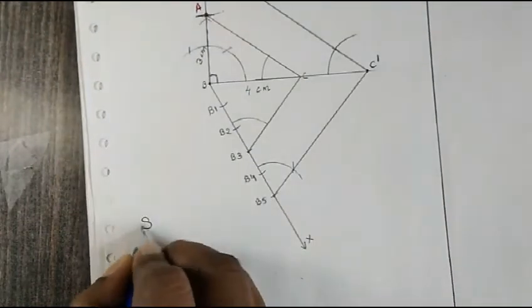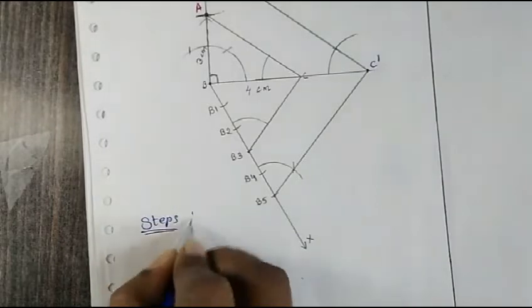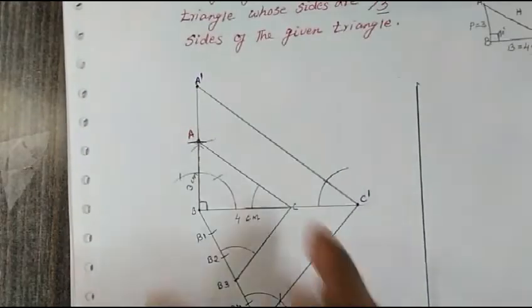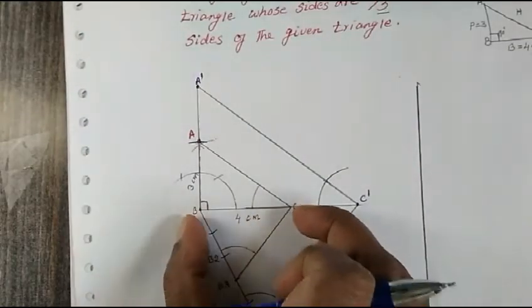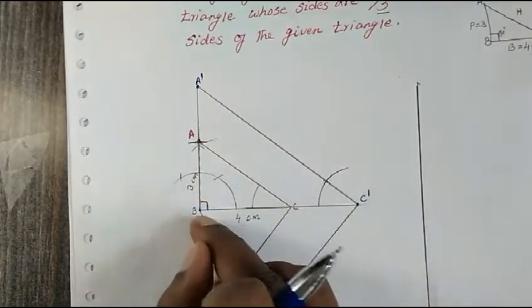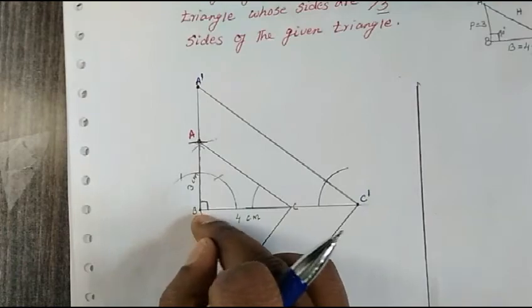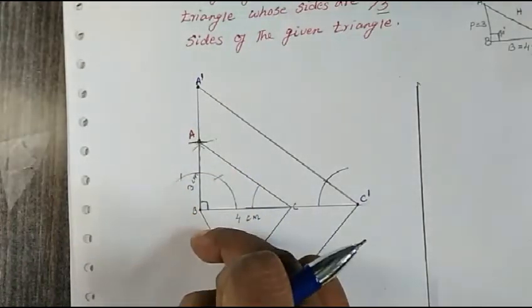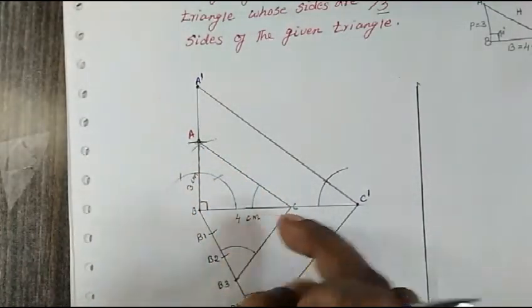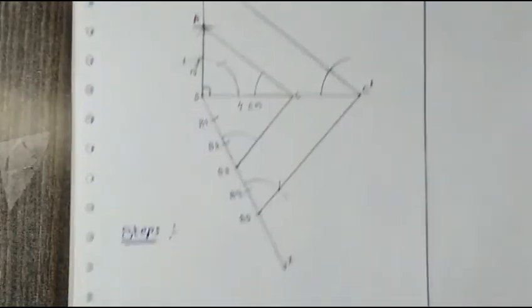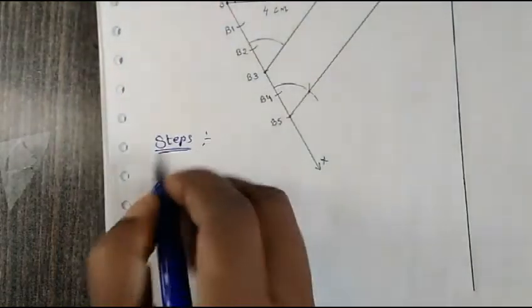So steps, please write in your own words. First we drew BC 4 centimeter, then we constructed a 90 degree angle at B, then we took BA 3 centimeter, then we joined points A and C, then we drew this. So whatever you have done, you can write in your own words.